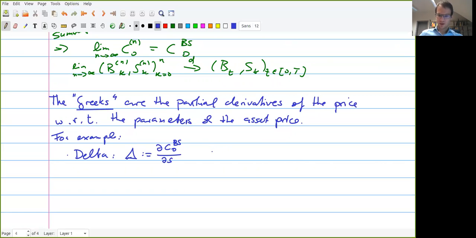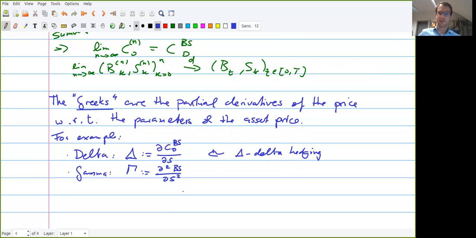And that gives you your delta hedging. Delta hedging is the replicating trading strategy you need to implement in the Black-Scholes model to replicate your call option. All right.